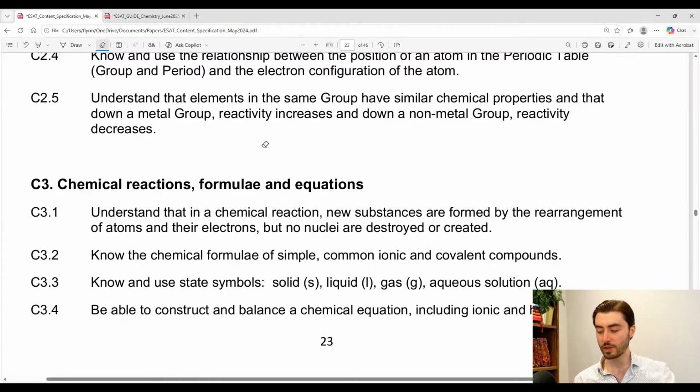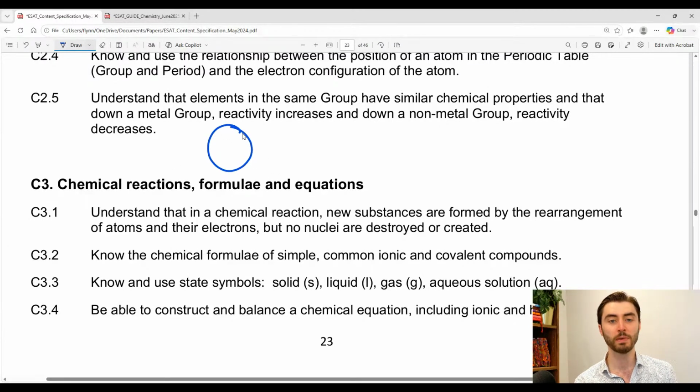You have to think about what metals and non-metals are doing in order to gain a full outer shell. Because in chemistry, the motivation behind any atom of any element is to gain a full outer shell. If you are a metal, you gain your full outer shell by losing your outer electron. So anything that makes it easier to lose an electron makes it easier to react.